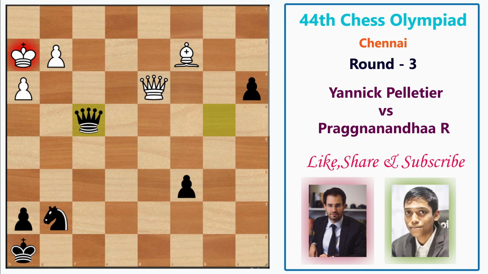It's an unbelievable result actually, and Praggnanandhaa was not happy at all about this game, and in fact, it was very upsetting for Yannick Pelletier, because he could have won the game very easily by playing g3 followed by pinning the knight and pushing the pawn forward, but he missed all the ideas with the time pressure.